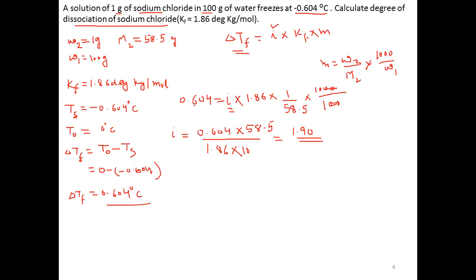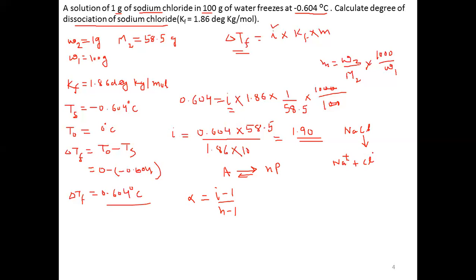Now iota is 1.90. Now we have to calculate alpha, and we have a case that if an electrolyte A dissociates to n number of ions, then alpha is given by i minus 1 divided by n minus 1. Now in this case, sodium chloride is NaCl, so it dissociates to Na positive plus Cl negative.